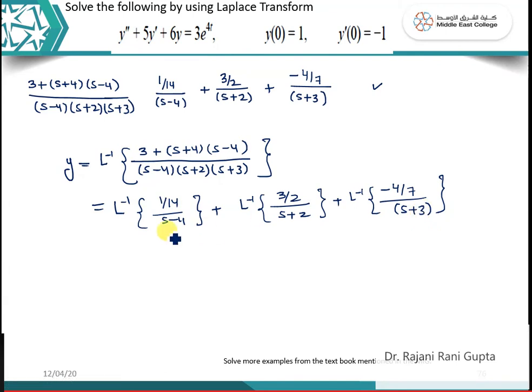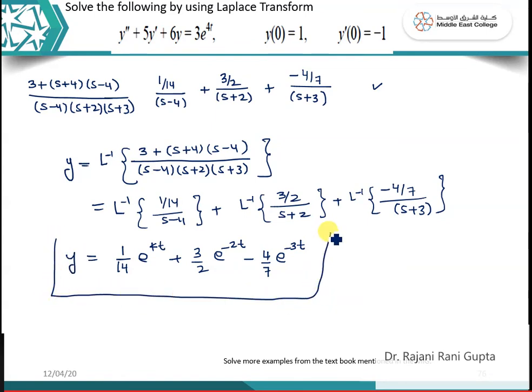Now applying the rule for each term, 1 over 14, this gives you e power 4t, 3 over 2 e power minus 2t, and minus 4 over 7 e power minus 3t. So this is the solution of the given differential equation.